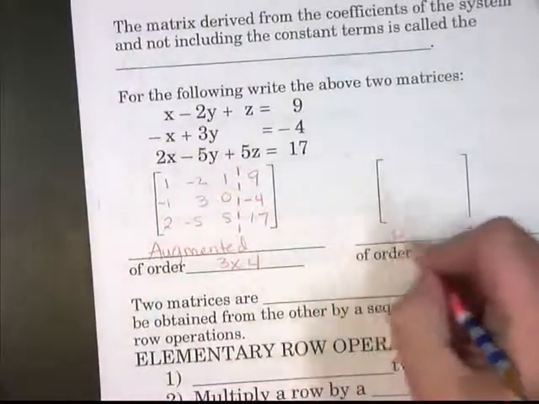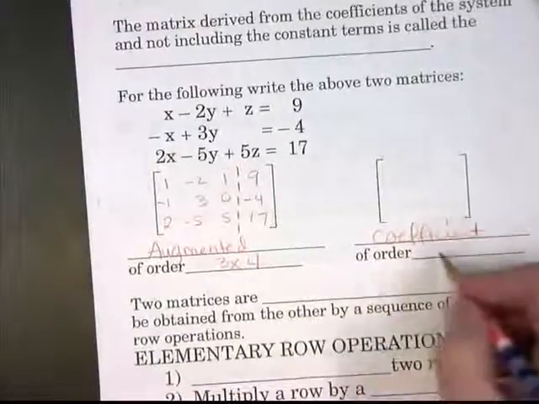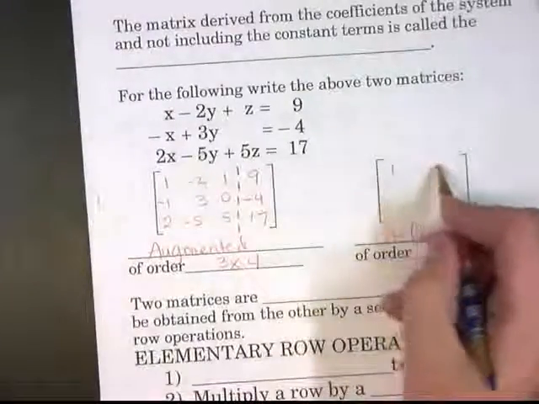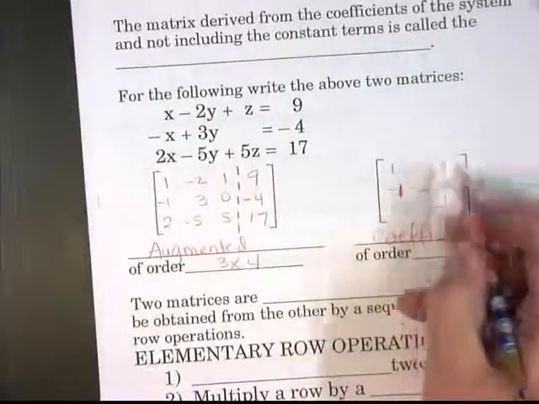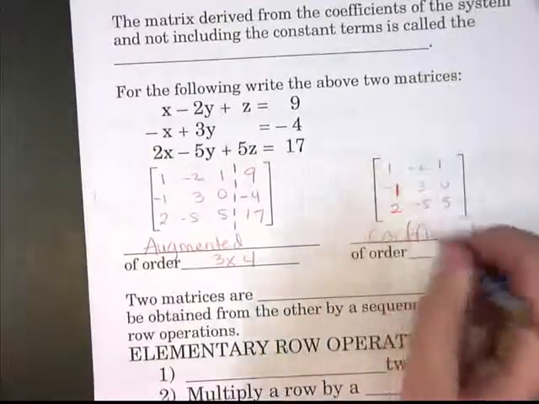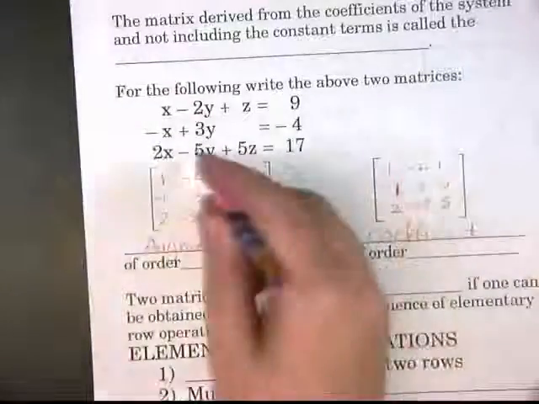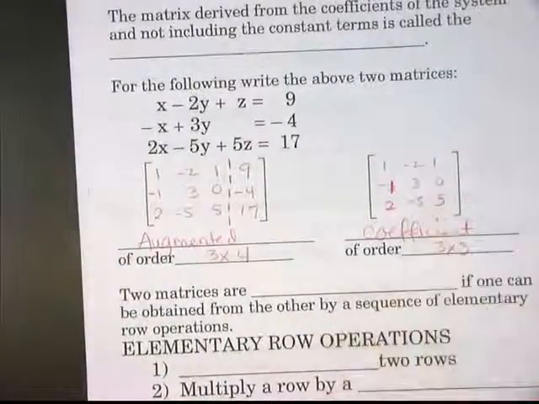Whereas a coefficient matrix is only the coefficients. It does not include the solutions. And a coefficient matrix of the exact same information is a 3 by 3.